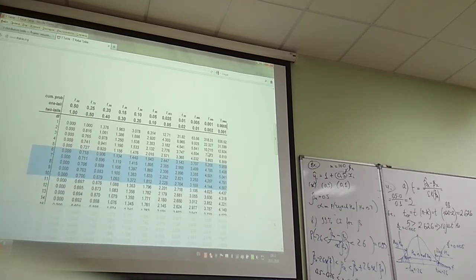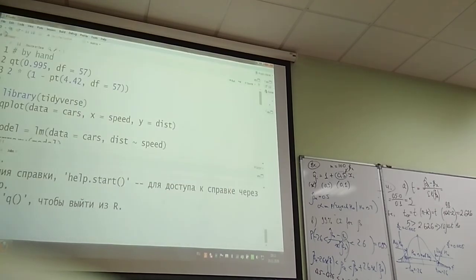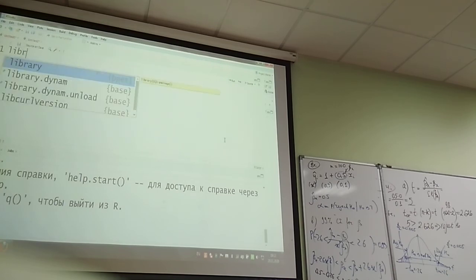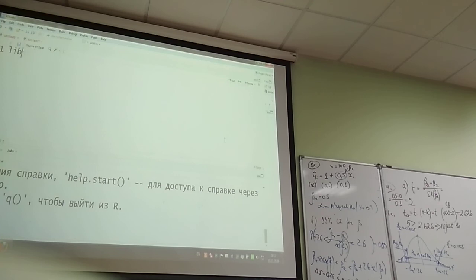So let's use R to calculate it for multivariate regression. I'll go to the R script. As always, I start by attaching packages. I understand that you forgot everything, so I just do it once again.